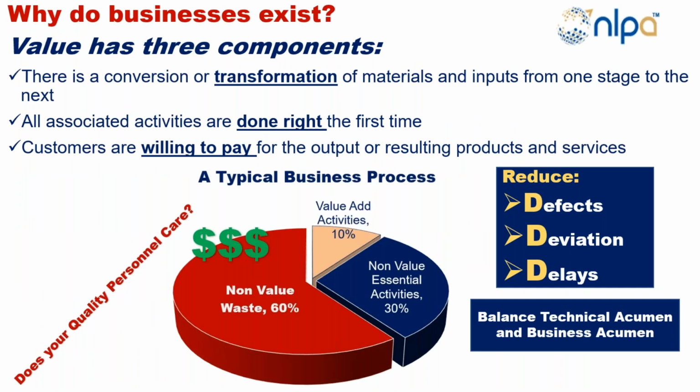So value has three components, and in order to improve and enhance quality in the supply chain, it's very important that we understand the dynamics of value add, and we understand where the typical organization is relative to value-added activities and the whole concept of value creation.